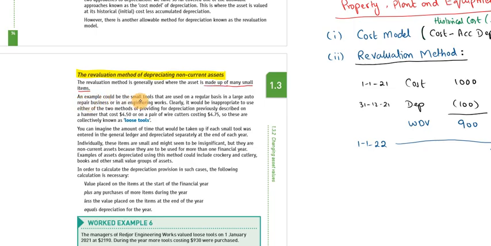An example could be the small tools that are used on a regular basis in a large auto repair business or in engineering work. It would be inappropriate to use either of the two methods of providing for depreciation previously described on a hammer, for example, costing $4.50, or on a pair of wire cutters costing $4.75. So they are collectively known as loose tools. If we are going to calculate the depreciation of loose tools, it's better to follow the revaluation method.